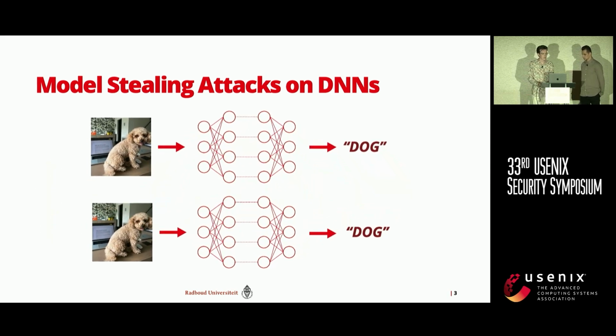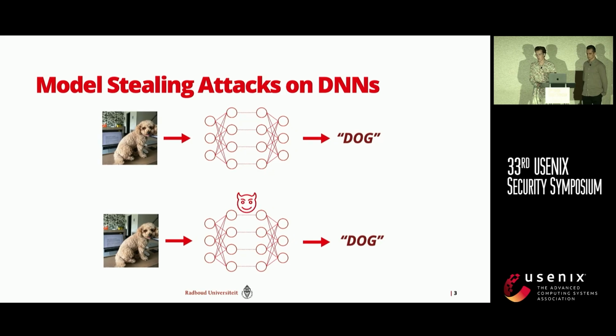Now, if the attacker stole the model, he could gain a monetary advantage, which is one of the incentives for model stealing. Now, model stealing can be done in several ways, and we will talk about, of course, the side channel approach.